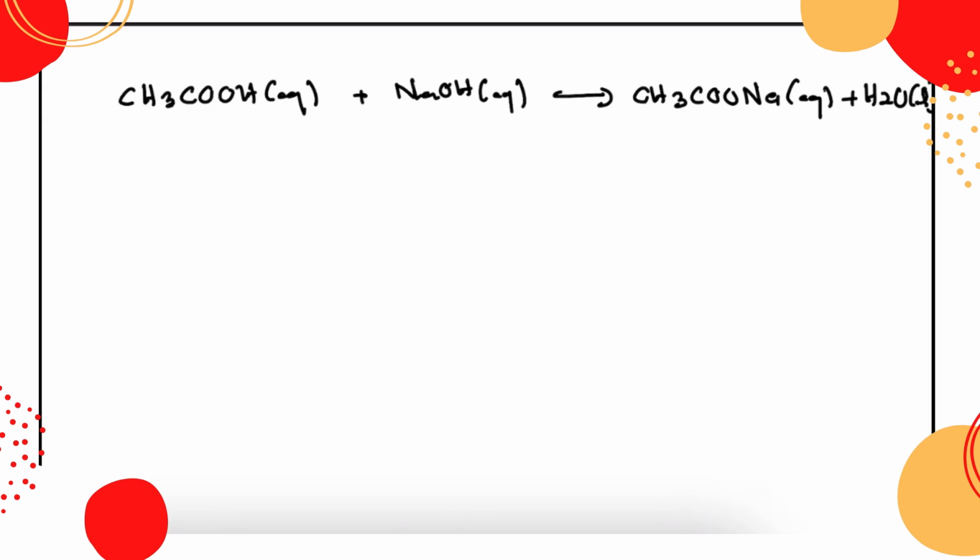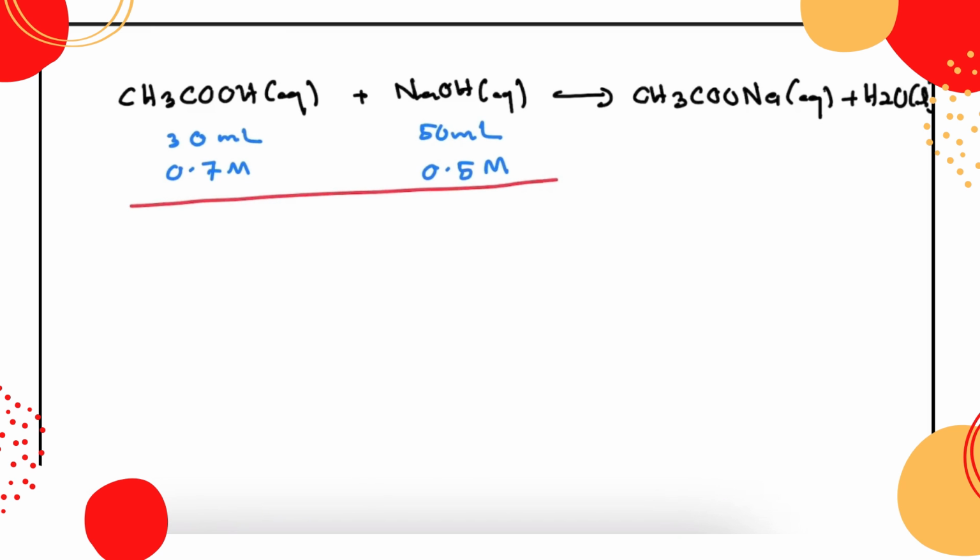Alright, so the initial information, we have the acetic acid which is 30 ml and the molarity is 0.7 molar, and sodium hydroxide we have 50 ml and the molarity is 0.5 molar. So as I said previously, if you have all the information, make sure you only compare mole.